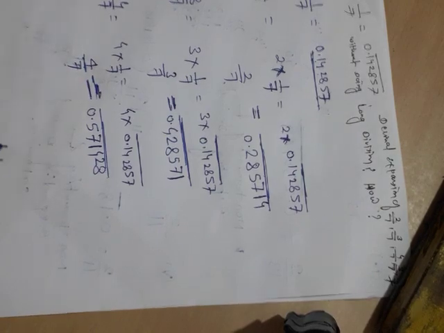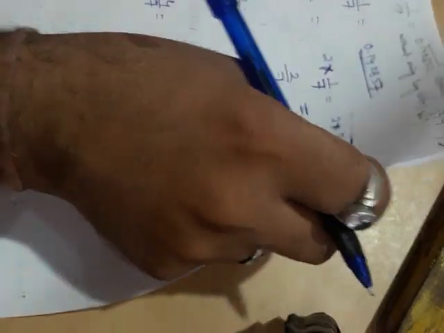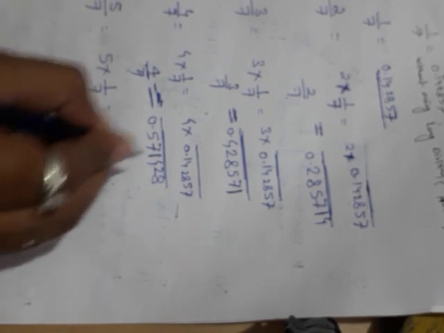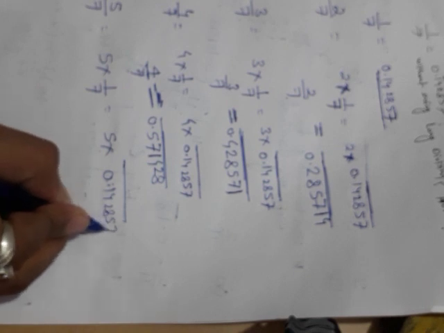Okay, now to find out 5 upon 7, we take 5 into 1 upon 7, putting a bar on the value 0.142857, that is the value of 1 upon 7.